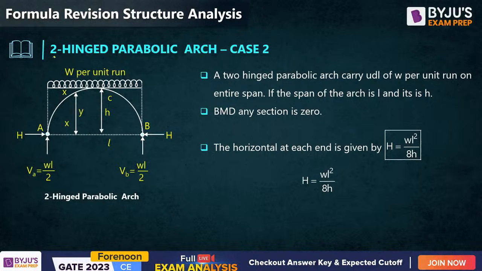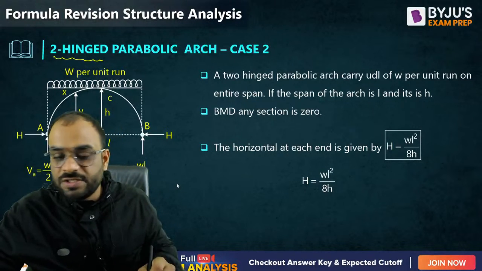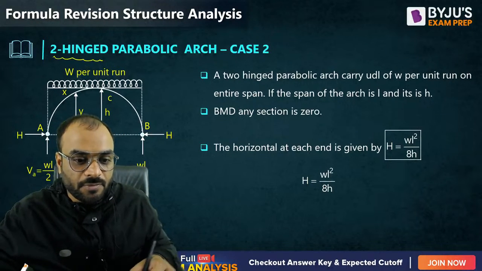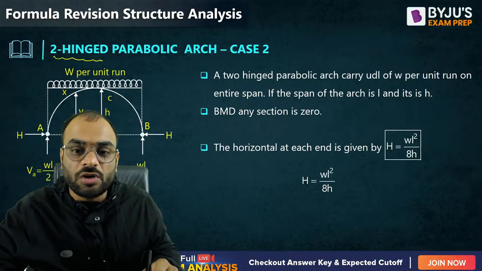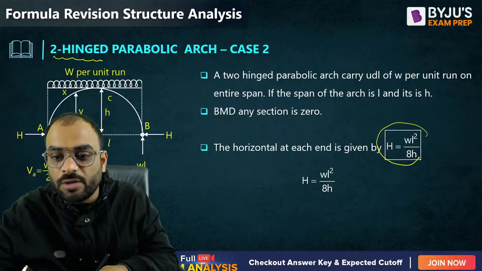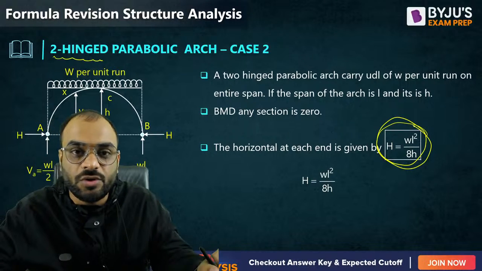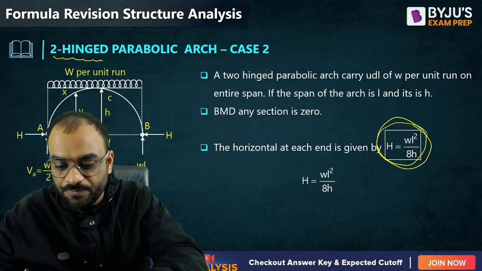Now let the next condition be the two hinge arch. So for two hinge arch, what should be our formula? Wait a minute guys, okay. For two hinge arch, what will be our formula? That is basically WL square by 8H. Horizontal thrust is equal to WL square by 8H.